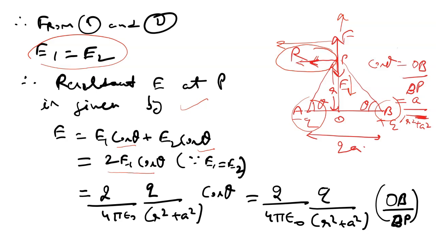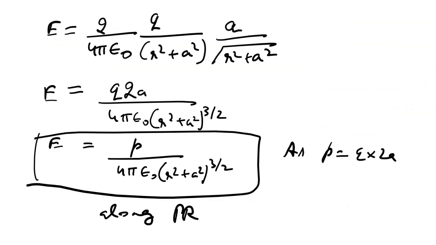Now cos theta is OB by BP. OB is a, and BP is root of r square plus a square. Putting these values, E equals 2 by 4 pi epsilon naught q upon r square plus a square times a upon root of r square plus a square.